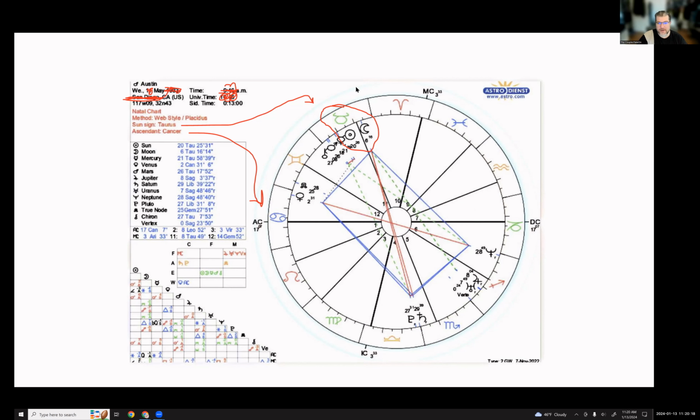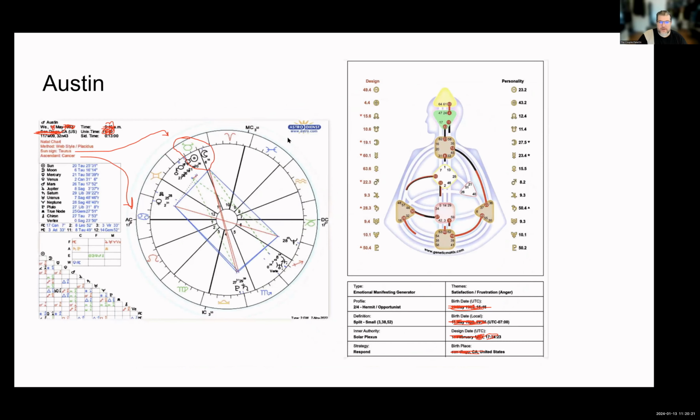Okay. So now that you know where the sun and the moon and the stars and the planets were, you can look on the right side at your human design and your gates and all this stuff. We covered that a little bit earlier. Basically, the first step is to check what your astrology was when you were born, and then it goes into the human design, which gives you your profile based on all these things.